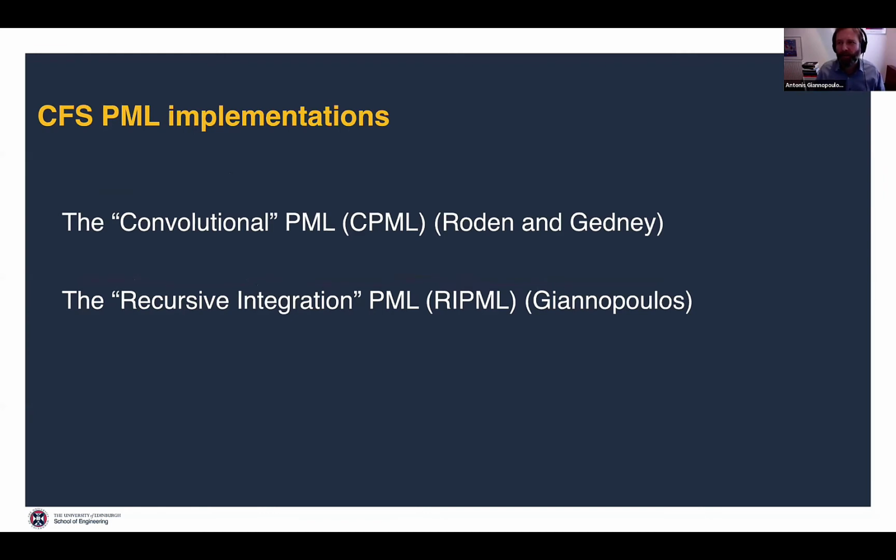The main contenders there are the convolutional PML, or CPML, by Roden and Gedney, and the recursive integration PML, which I have been developing over the years. So I won't make you guess what kind of PML is in gprMax. It's definitely not the CPML, which is okay, but we like the recursive integration a lot more for obvious reasons, because we like the author.